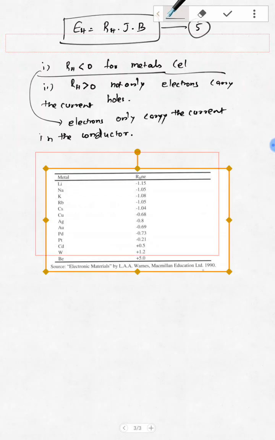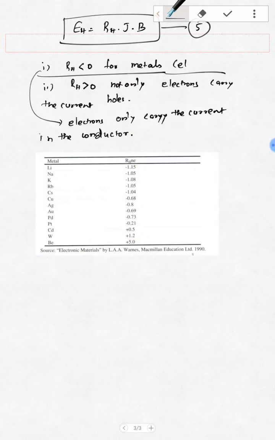This is the table you can find in the textbook, with different RH values, the Hall coefficient values. We can see that sodium, potassium and lithium, alkali metals, have all negative values, but some metals can have positive values also.